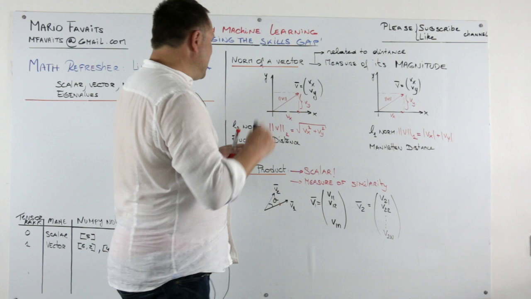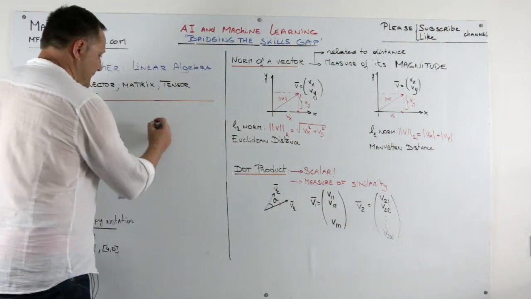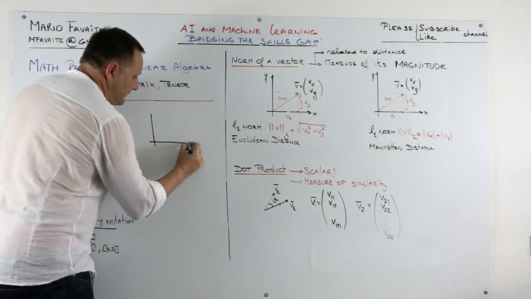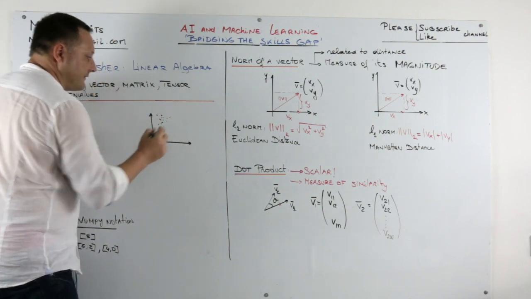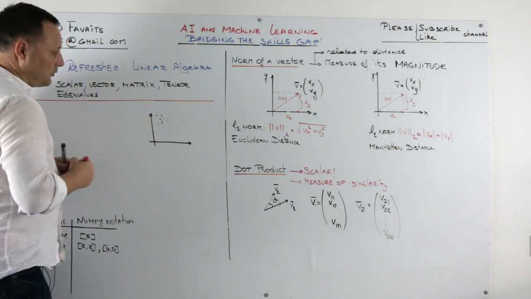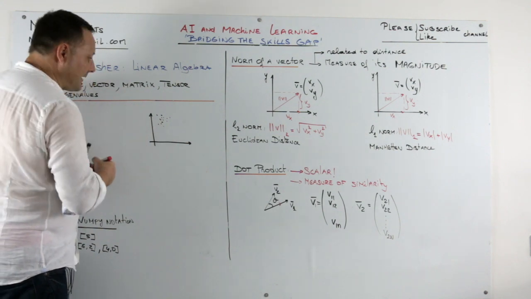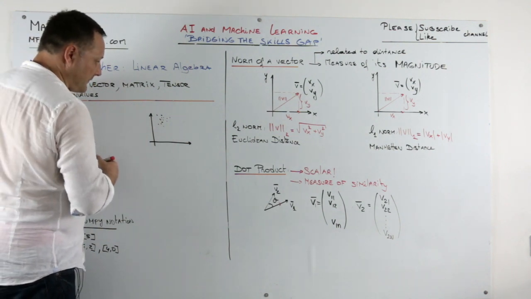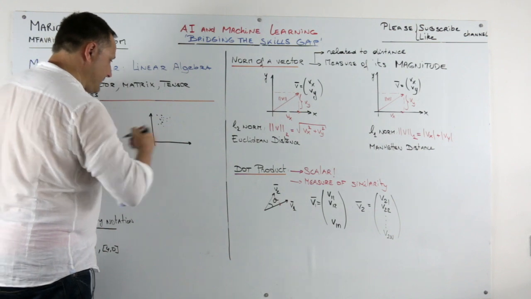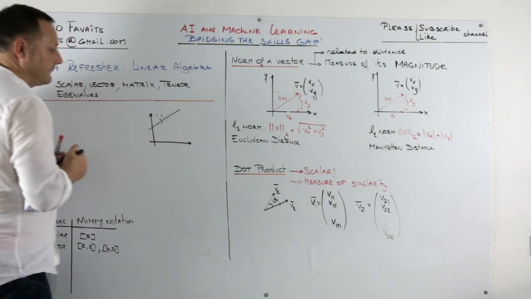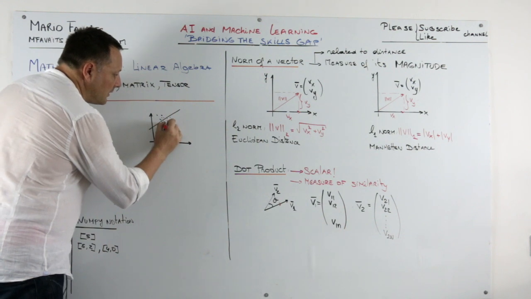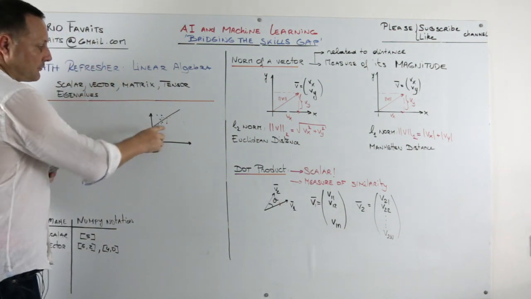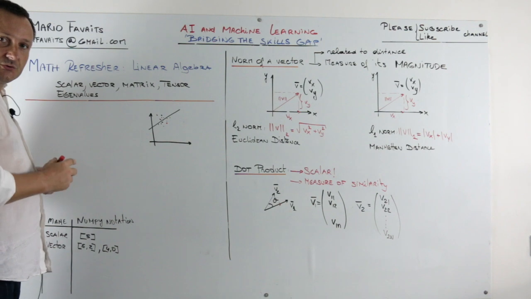Let me give you a quick intuition here. Sometimes we have data, like this here, all data points, and if it's a classifier, you have your decision boundary here, and you want to know what class this red dot belongs to.